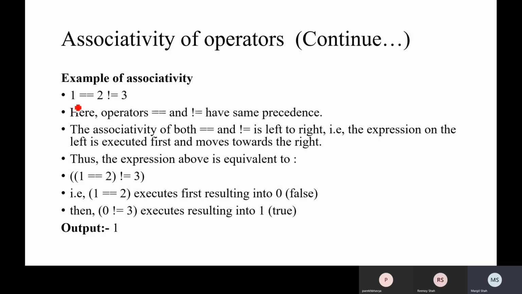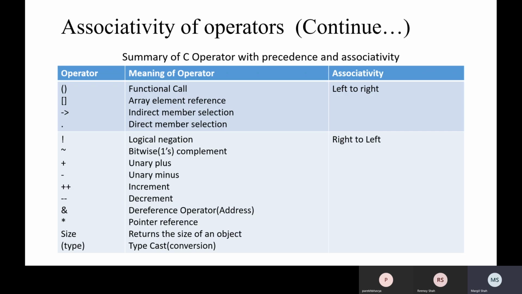So by default left to right execution will take place. The expression on the left is executed first and then moves towards the right. Thus 1 equal to 2 is false, so the answer is 0. 0 not equal to 3, the answer is 1, so the output is 1. So this is the associativity of operators.